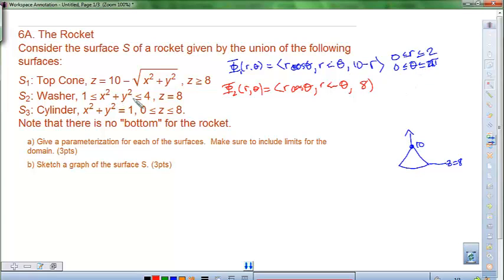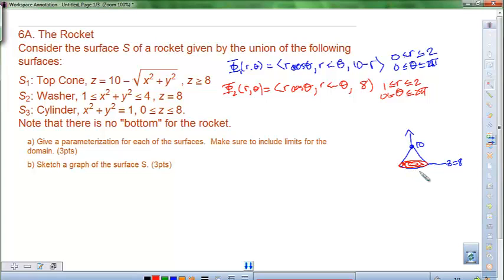The r squared goes from 1 to 4, and so r must go from the square root of 1 to the square root of 4. And then our theta is going to go from 0 to 2 pi. So at level 8 here, we have the disk with a hole in it, and so this is our second surface.